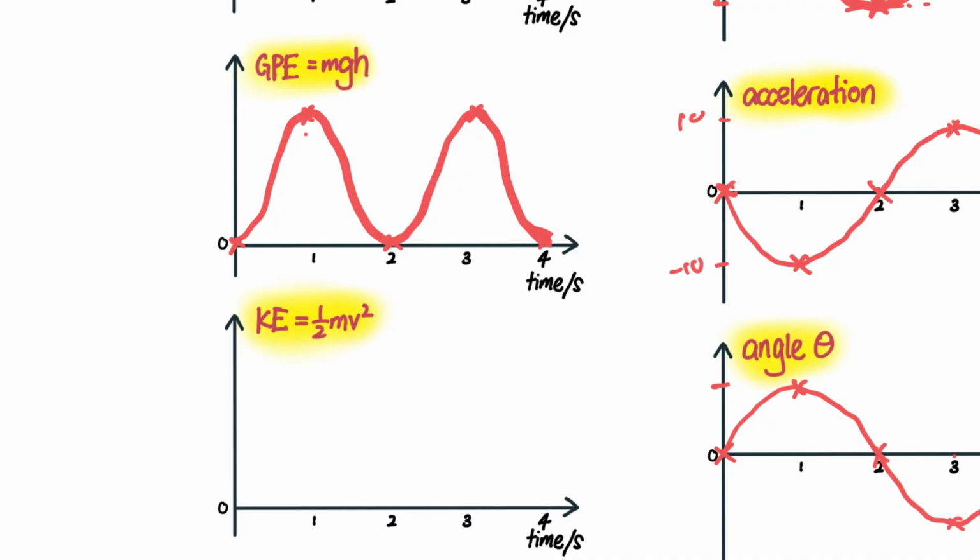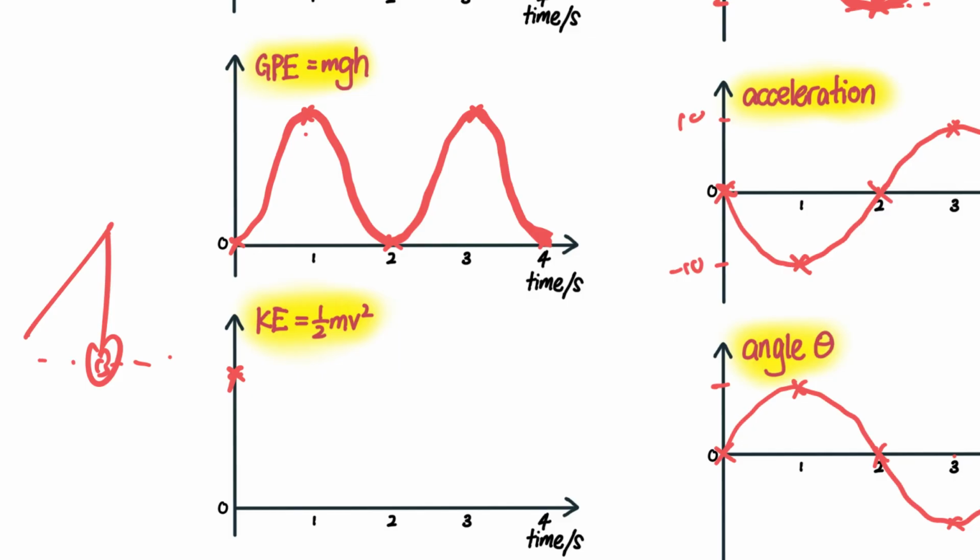So in other words, if at time equals 0 the GPE here is 0, that means to say the KE will be at its highest point. Another way of seeing it is that point B, as mentioned, is the lowest point. The speed is the highest. The velocity is the highest, and therefore the kinetic energy will be the highest, half mv squared. So it's basically the opposite of GPE.